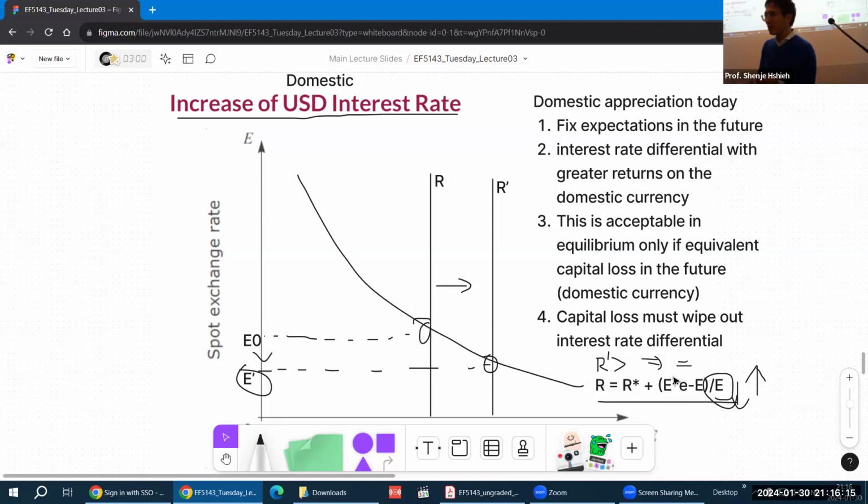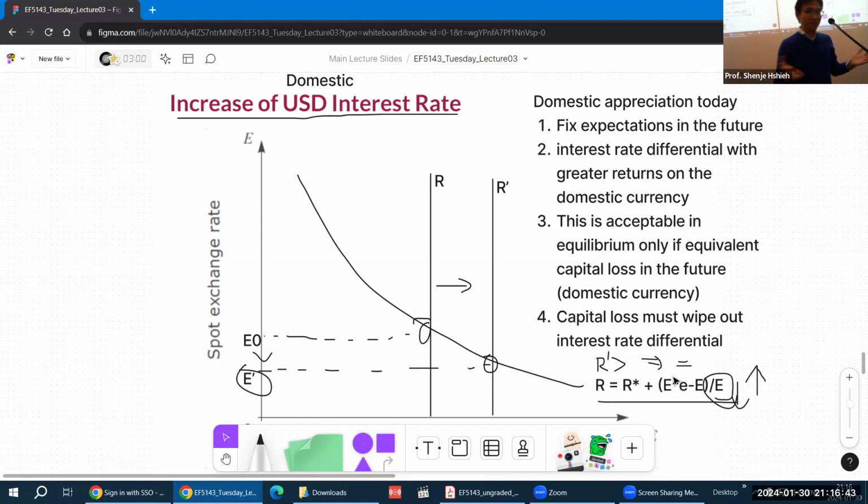And that's only possible, assuming expectations are anchored, if the domestic currency appreciates today. So I know it sounds counterintuitive, but that's the story. The story is that the domestic currency has to appreciate today so that there's sufficient room to depreciate in the future to wipe out those interest rate differentials.